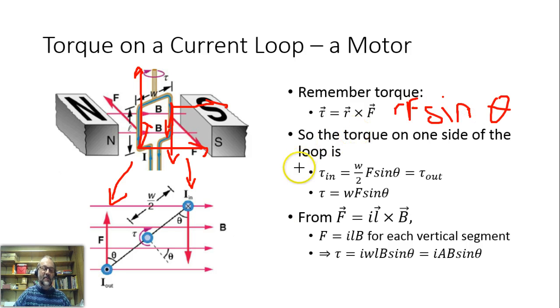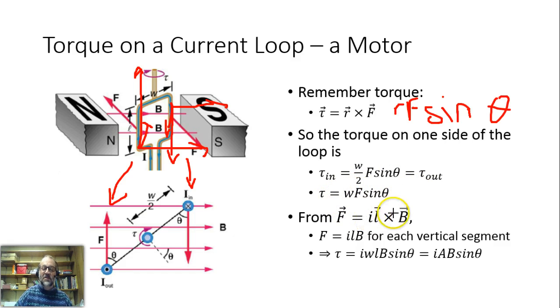So the torque on one side is W over 2 times this force, which is the same for the current coming out of the page and going into the page. So this is the view from the top. The torque is W over 2 F sine theta, which is also equal to the torque from the other side. So the total torque is WF sine theta.